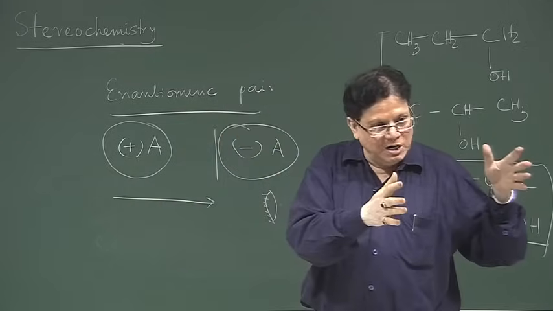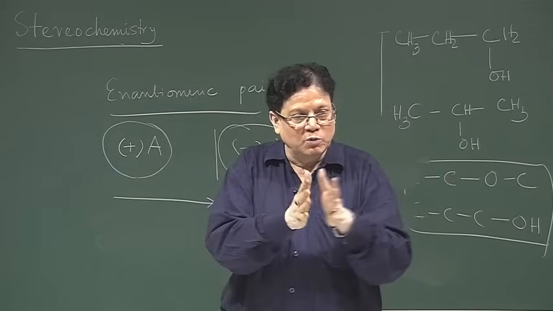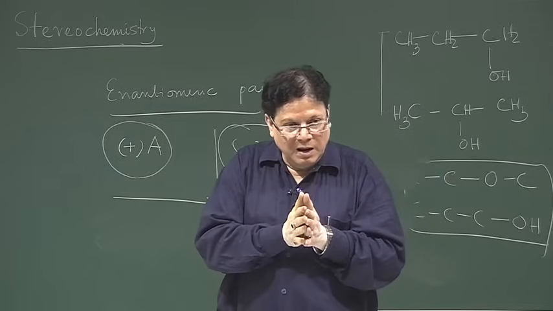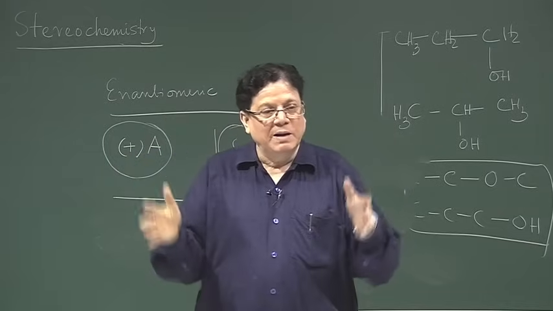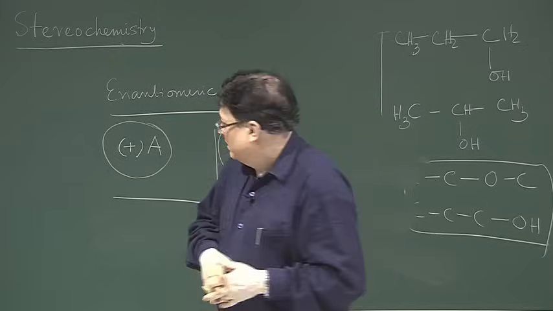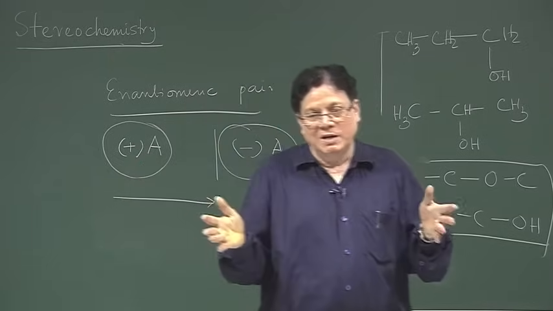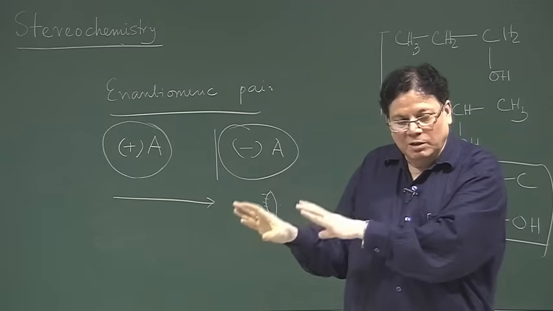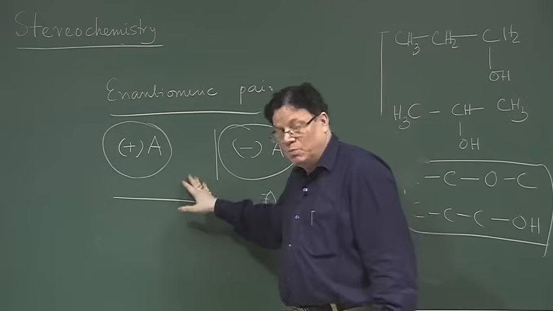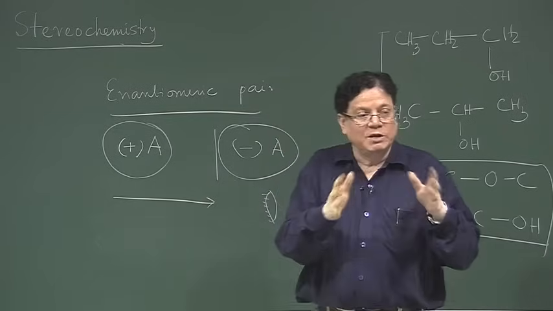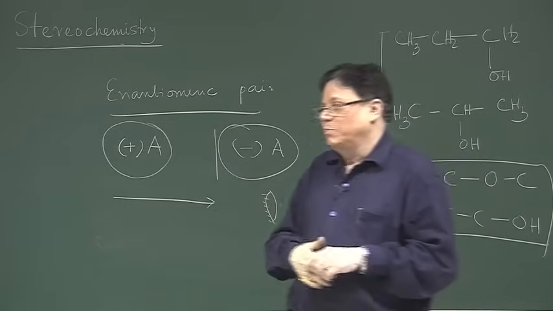Then we have seen that there are two sets of stereoisomers: one is called enantiomers and the other is called diastereomers. Enantiomers are non-superimposable mirror images, and diastereomers are stereoisomers which are not mirror images of each other. Enantiomers have the property of rotating the plane of plane polarized light. We will come back to diastereomers later, but first let us concentrate on enantiomers: because they are chiral, they can rotate the plane of plane polarized light.